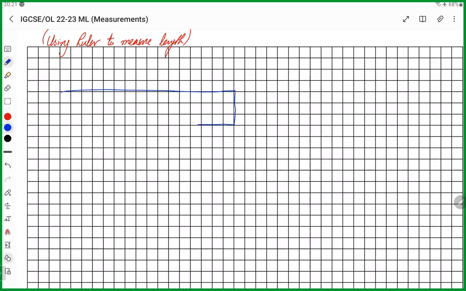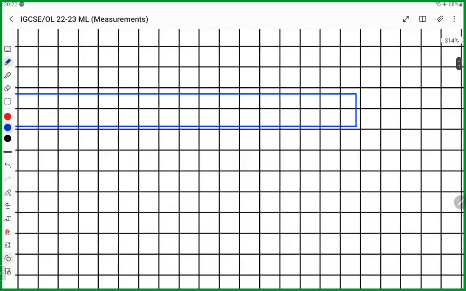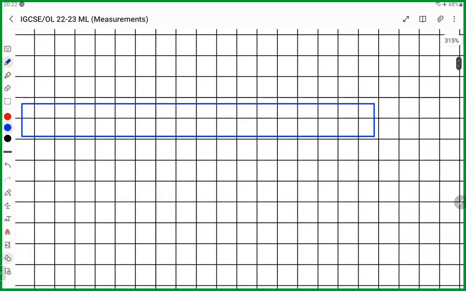For example, if we have a ruler like this, and we are measuring something which is like this.